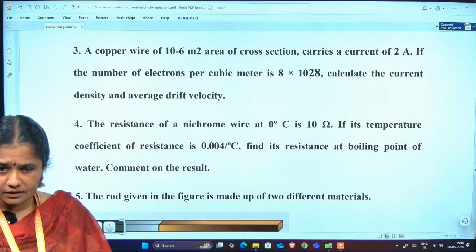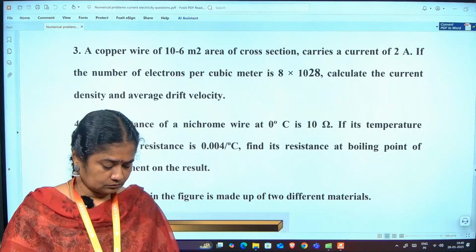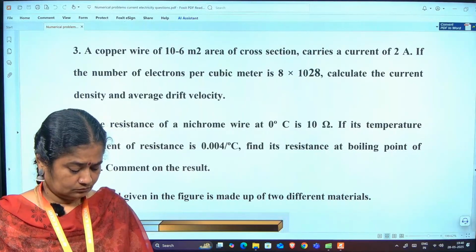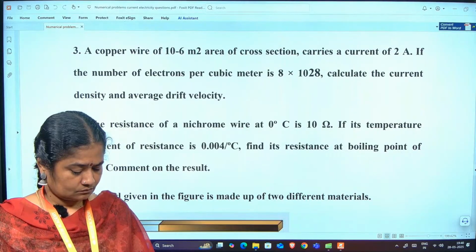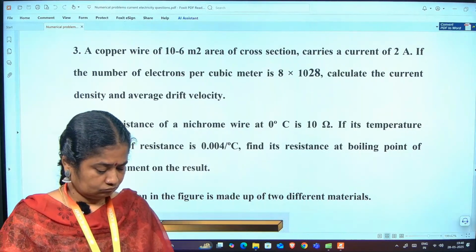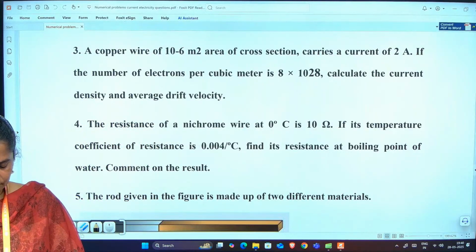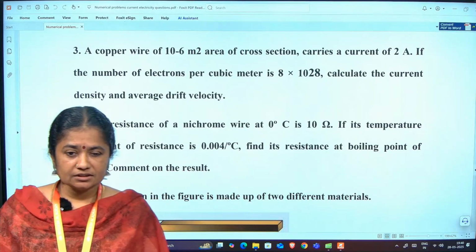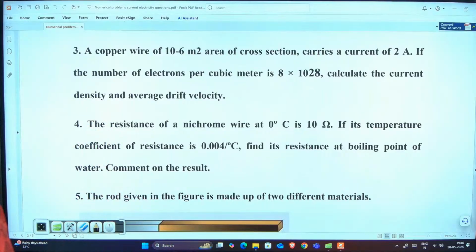No, VD, drift velocity. No, not 2.5. It is 1.56. It is 1.56 into 10 power minus 4 or 15.6 into 10 power minus 5.